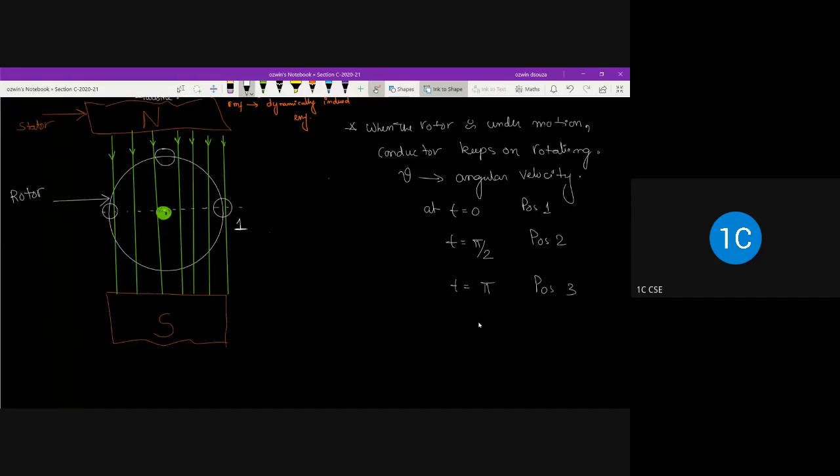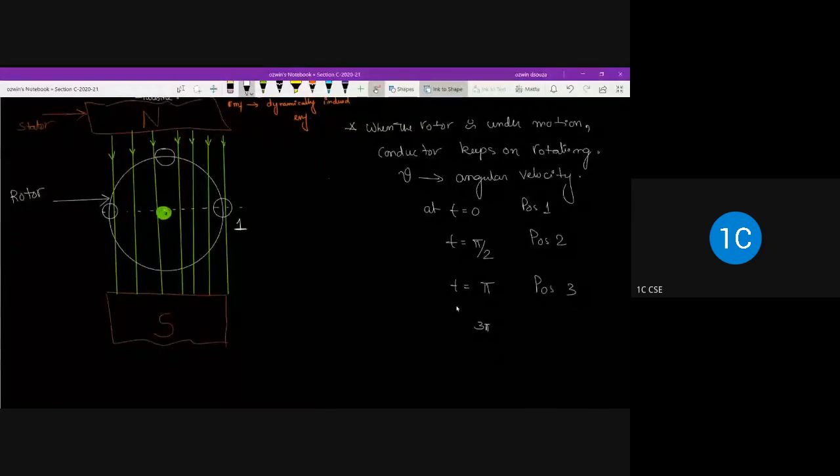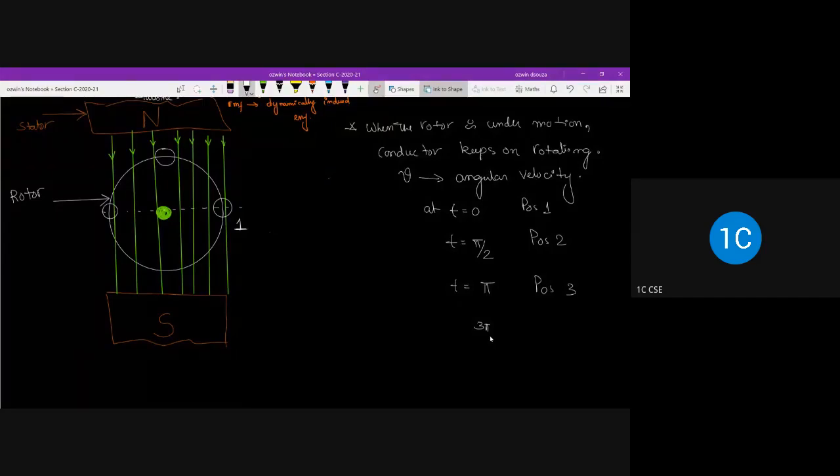And at 3π/2, let's say it occupies position 4.